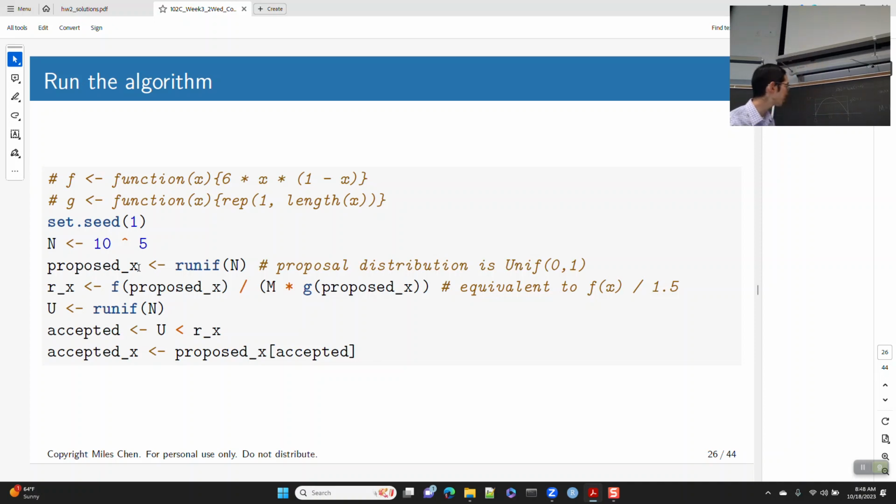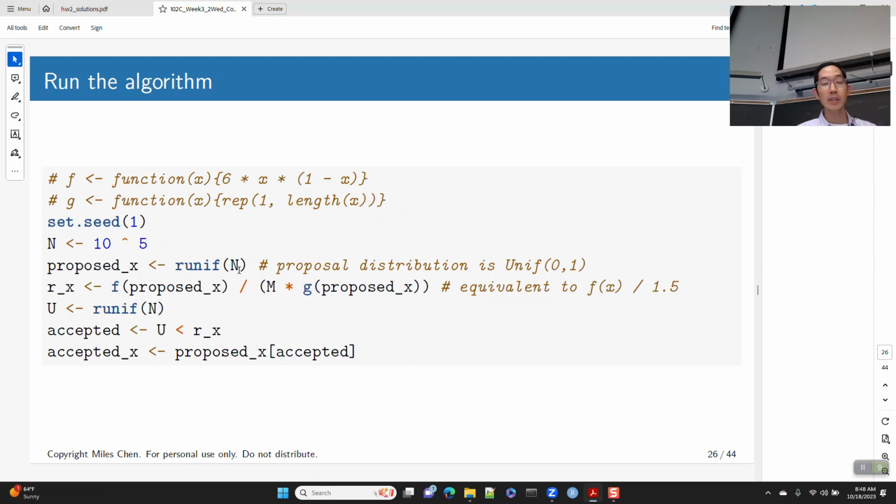Sometimes we'll propose a random value like 0.1, sometimes 0.8 or 0.5, 0.6, 0.43, whatever it is. Some of these we are going to accept, and some we're going to reject. I'm going to propose 100,000 values.